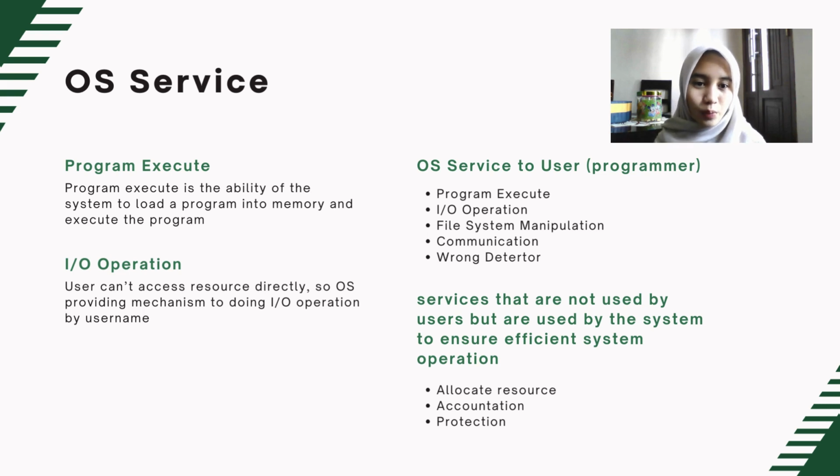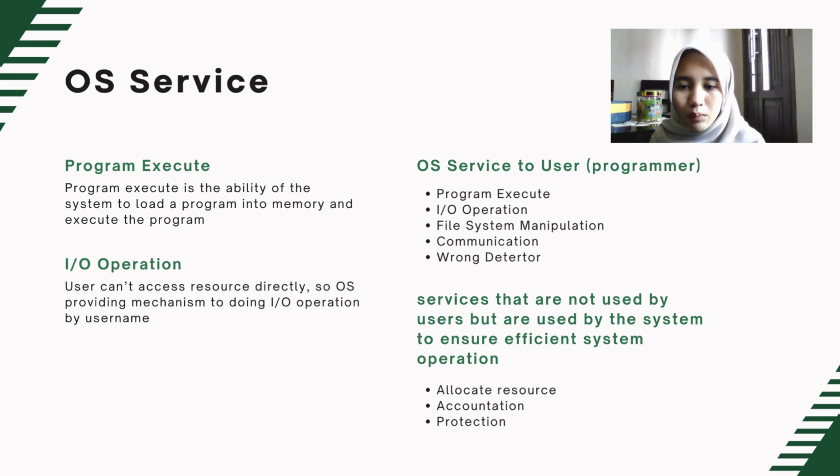Okay, the next point of operating system structure, or second point, is operating system services. First is program execution, the ability of the system to load a program into memory and execute the program.